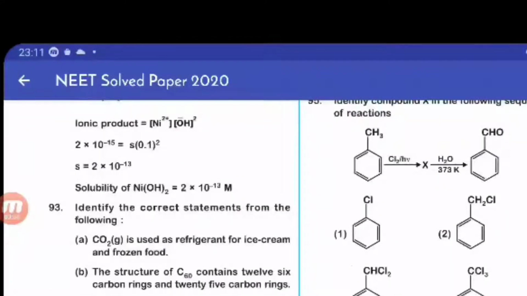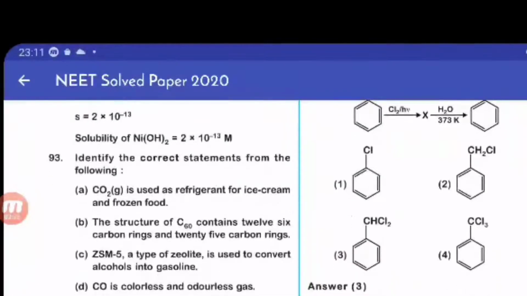Now a few questions are given. Identify the correct statement from the following. A: Carbon dioxide gas is used as refrigerant for ice cream and frozen food. B: The structure of C60 contains 12 six carbon rings and 25 carbon rings.